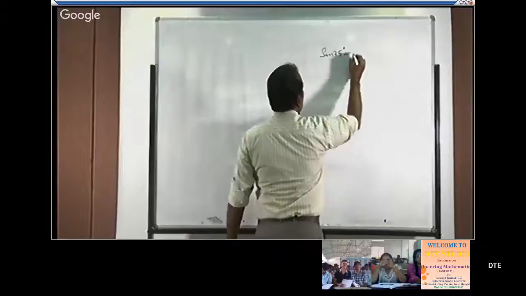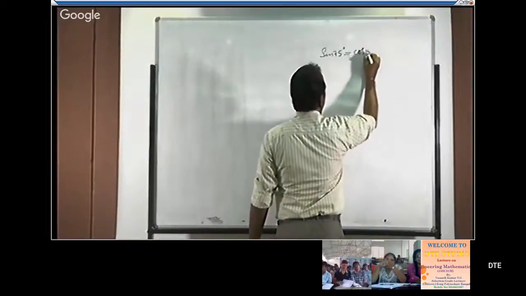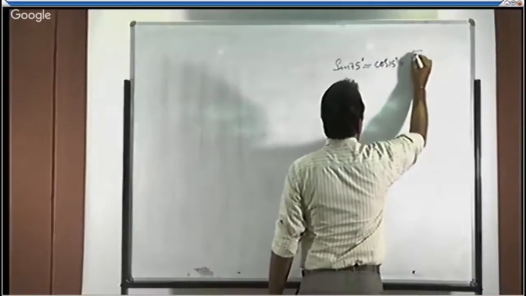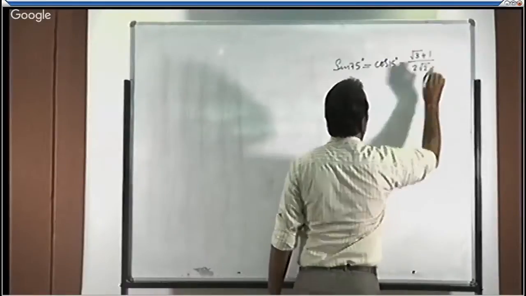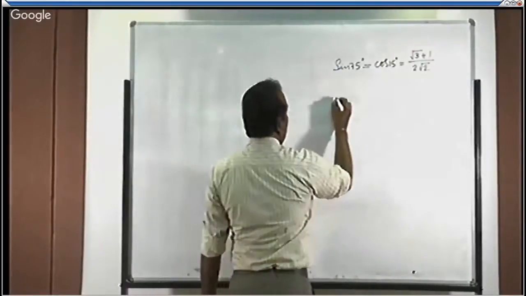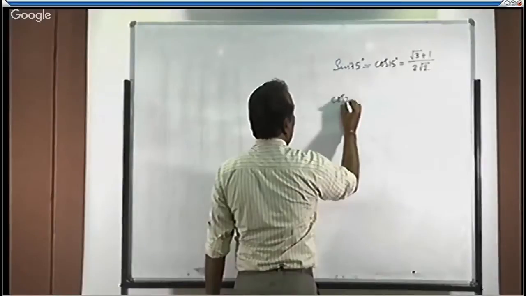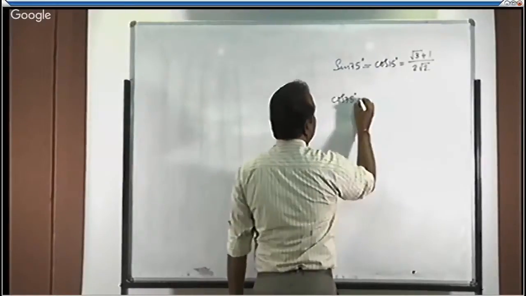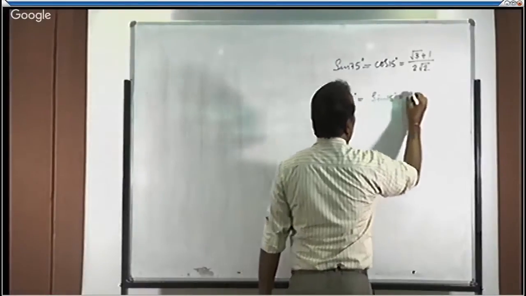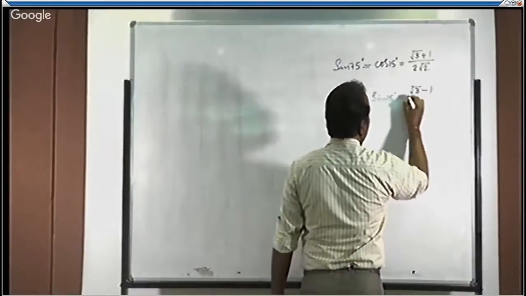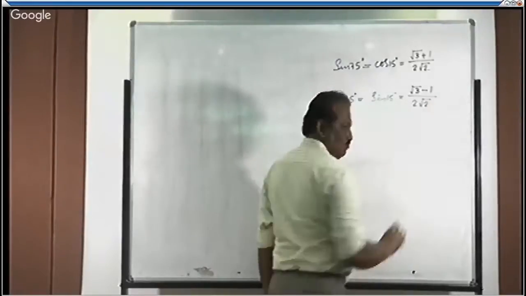So far what we proved is the numerical value of sine 75 degree is equal to cos 15 degree, which is equal to root 3 plus 1 divided by 2 root 2, right? One more result we proved is the value of cos 75 degree is equal to sine 15 degree, which is equal to root 3 minus 1 divided by 2 root 2, right?